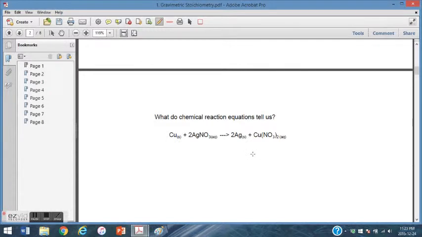And then we could start looking a little bit more deeply at it. One of the things we would see is that 1 mole of copper, because it's balanced, will react with 2 moles of silver nitrate, AgNO3, and it will produce 2 moles of silver and 1 mole of copper(II) nitrate.